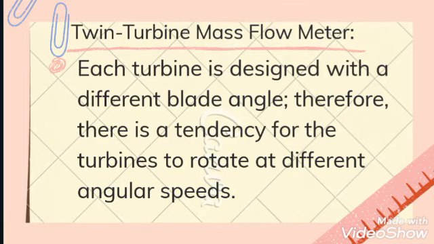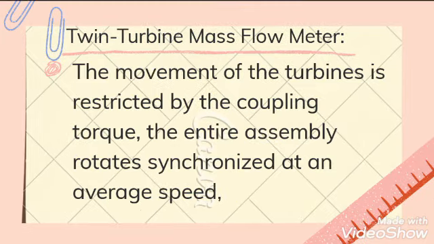Each turbine is designed with a different blade angle. Therefore there is a tendency for the turbines to rotate at different angular speeds. So both turbines will rotate at different speeds because both have different blade shapes. The movement of the turbine is restricted by the coupling torque.